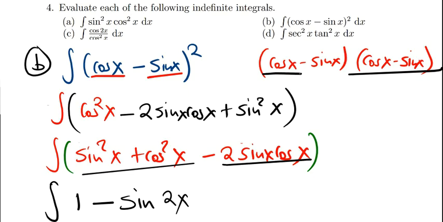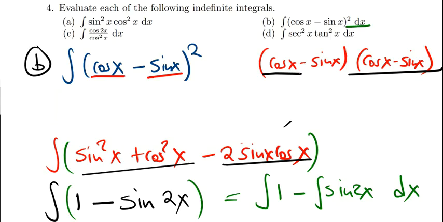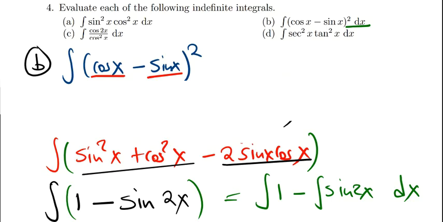And so if you distribute, the integral of 1 minus the integral of sine of 2x, remember this is all with respect to x as well. Your answer will be, for the integral of 1, it becomes x. The integral of sine of 2x is what? Remember the derivative of sine of x is cosine.